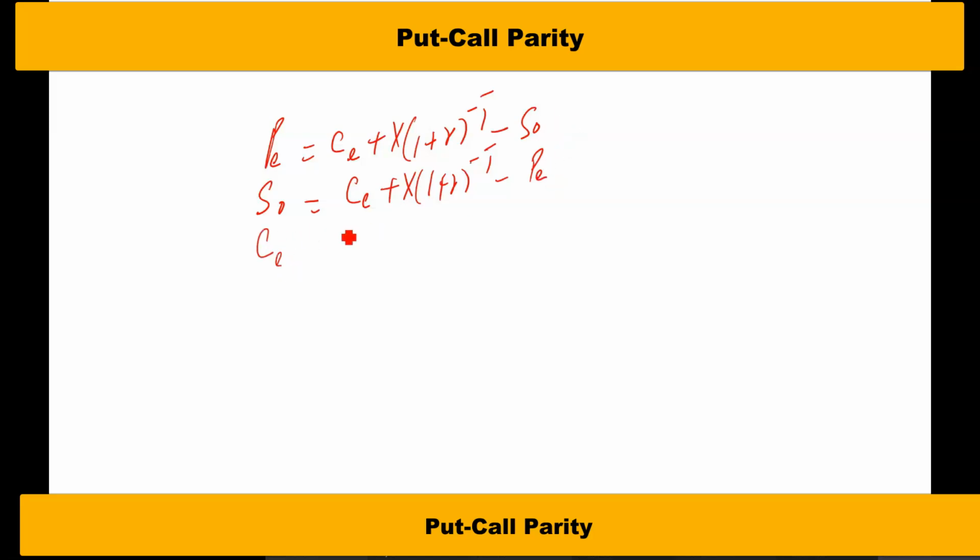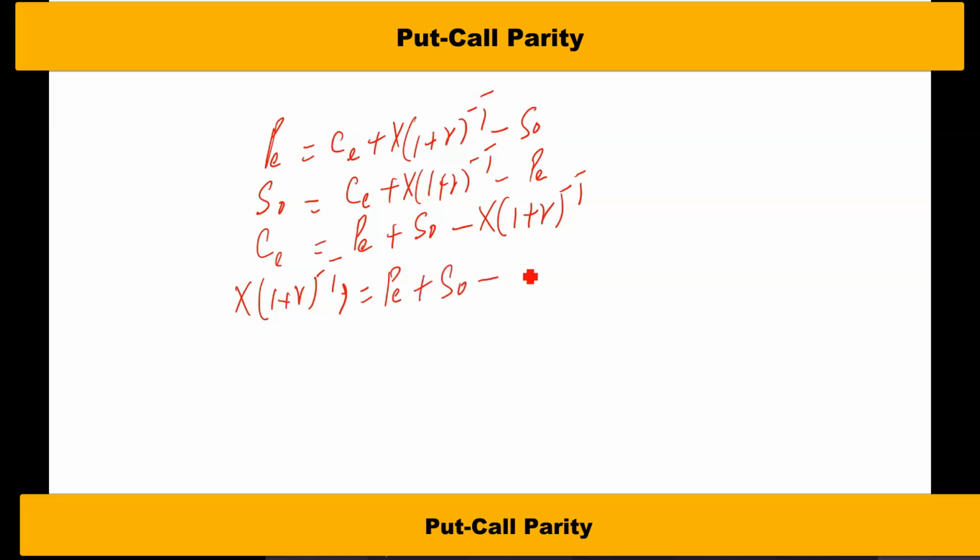And if somebody wants to buy the call option, that can be replicated by buying the put option plus buying the stock and shorting the risk-free bond. And if somebody wants to replicate the risk-free bond, it can be done using a long position in the put option, a long position in the underlying, and a short position in the call option.